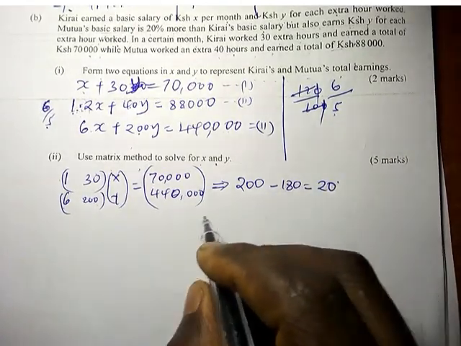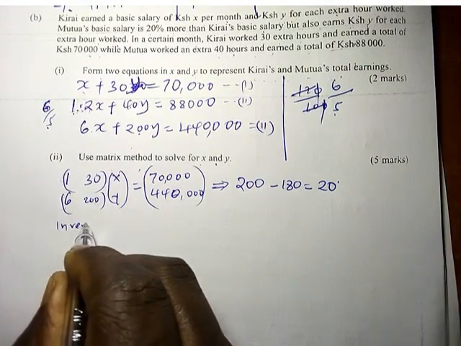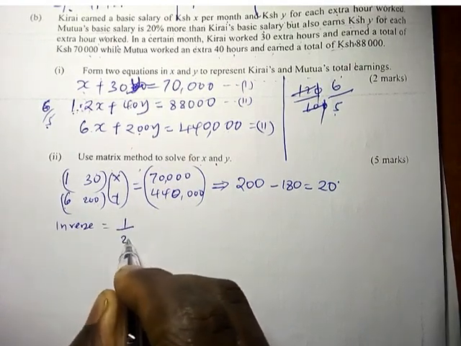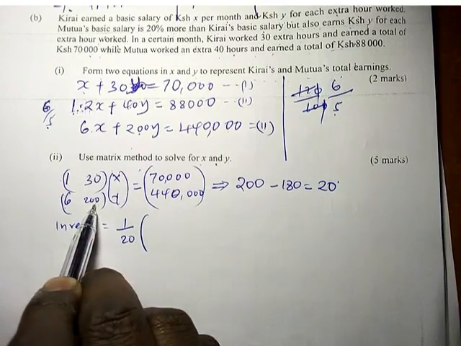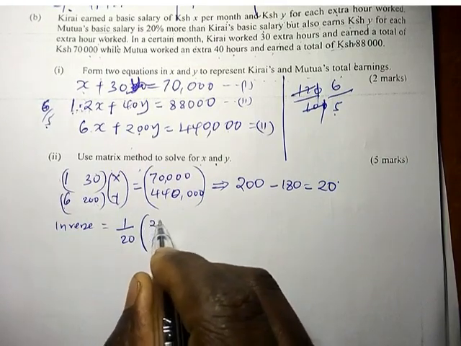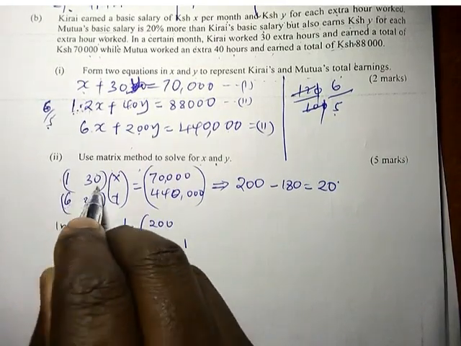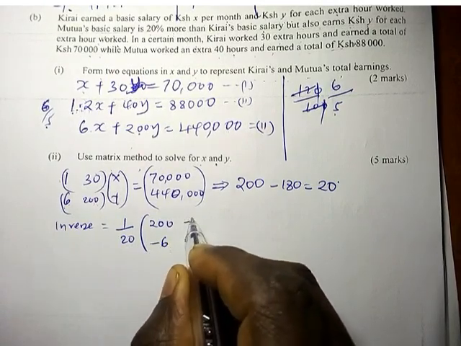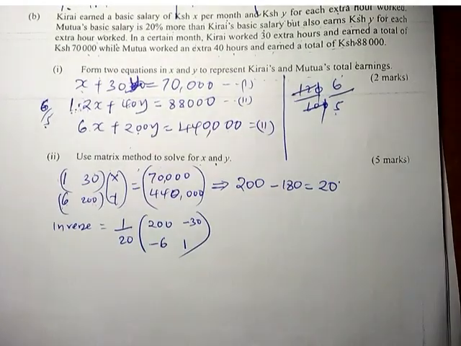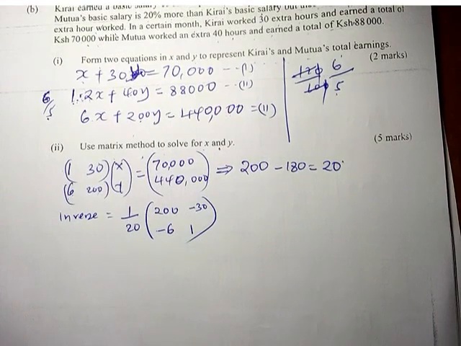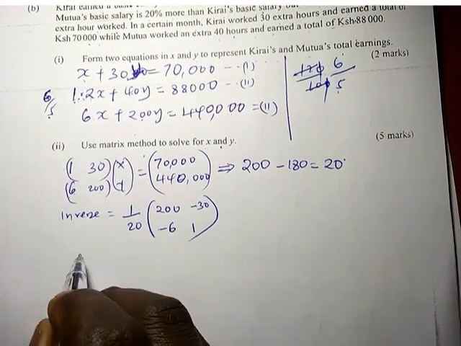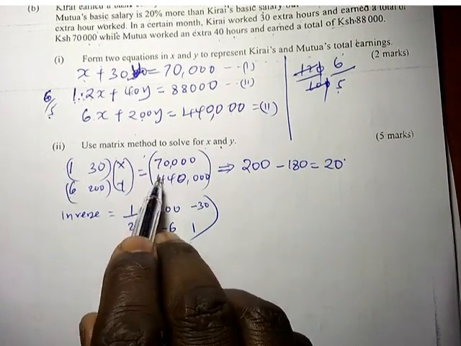So the inverse is equal to 1 over 20 into, you change this one, which is now 200, 1, and then you change the sign, -6, -30. So this is our inverse. So you pre-multiply the inverse with this.